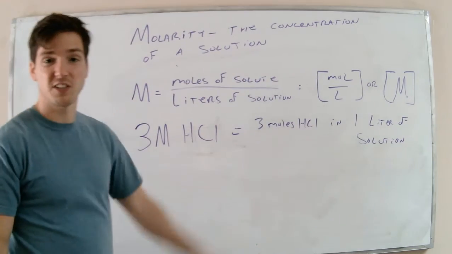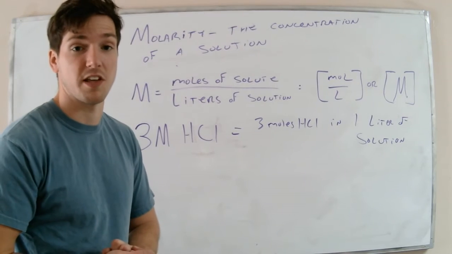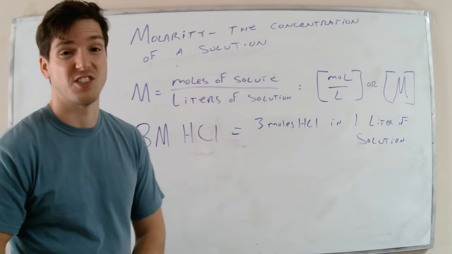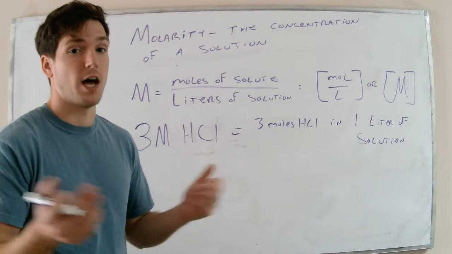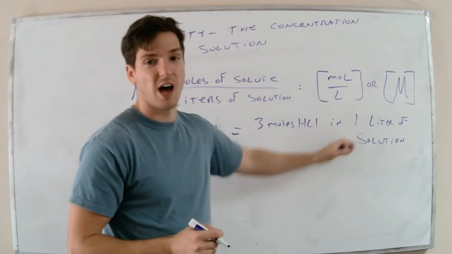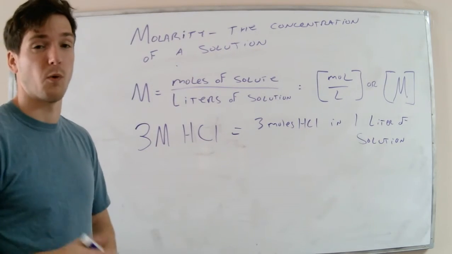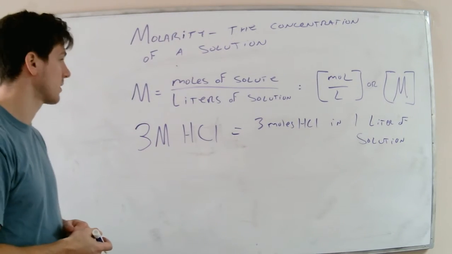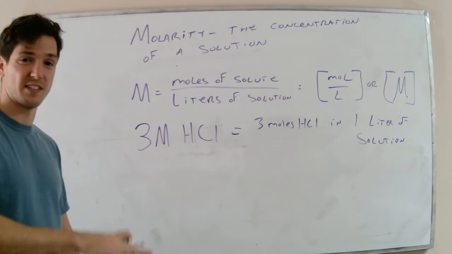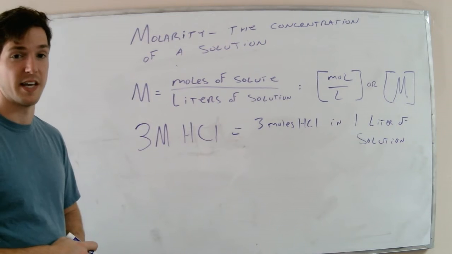If you think of the molar mass of HCl, it's 36.5. So if I have 3 moles of HCl, that's about 110 grams of HCl dissolved to fill 1 liter of water. So I'd take about 110 grams of HCl and I'd fill it until I got to 1 liter in my container.